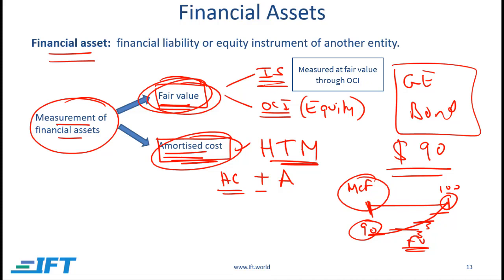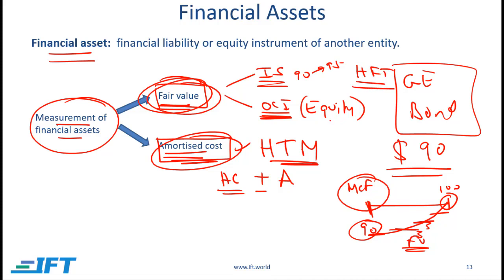Now, the question is, when do we recognize unrealized gains through the income statement, and when do we recognize unrealized gains in OCI? If a financial asset is bought with the intent to trade, then unrealized gains are recognized through the income statement, and such instruments are called held for trading.